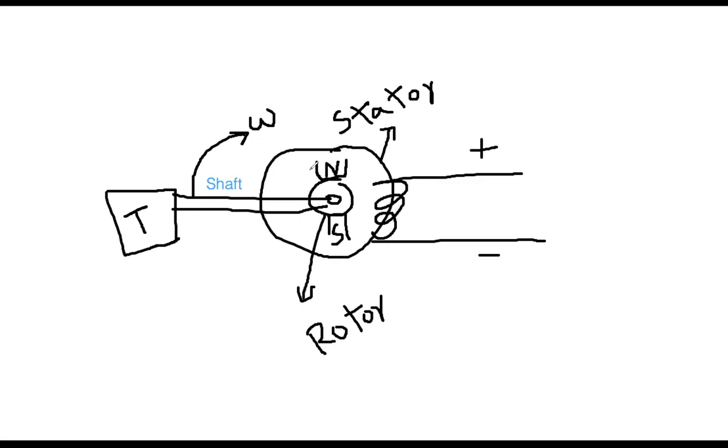Now, once you rotate the magnet, at the terminal, if you attach a voltmeter, you will get the AC voltage, and that voltage will look like this. This is that sinusoidal voltage, and it is time varying, with respect to t. So we are measuring the voltage here.